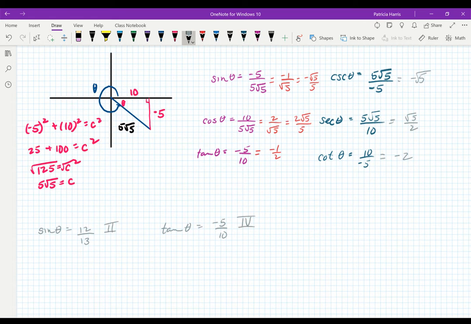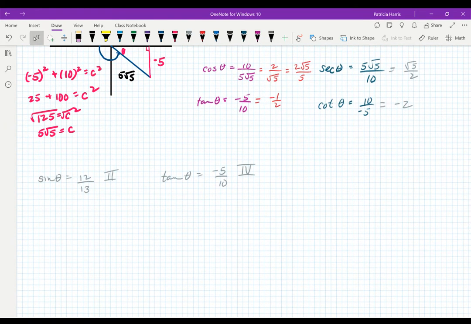Okay, so we have something called a Pythagorean identity. I'll just write these on the side. The first one is sine squared theta plus cosine squared theta is equal to 1.